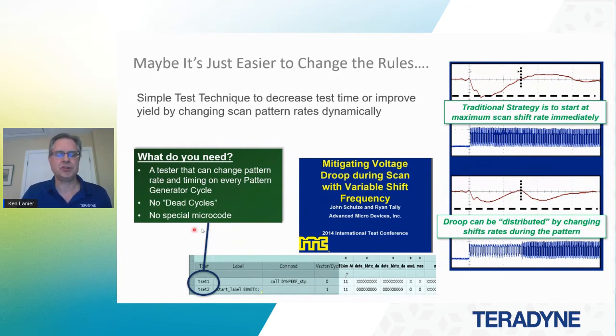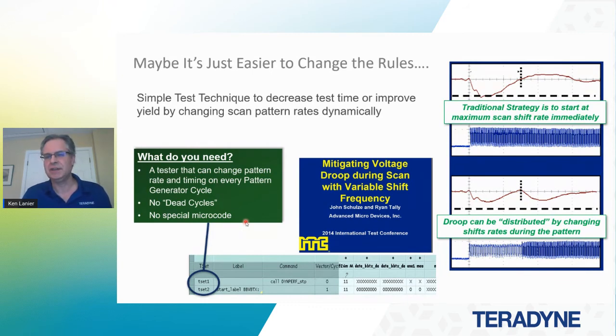And you don't want special microcode to have to do it, because all these patterns are automatically generated. It's not like you can put settling loops into every single pattern if you're generating tens of thousands of them. But if you can keep the pattern construct fairly straightforward, then it is something you could put back in an ATPG system, so that when you generate your tens of thousands of patterns, they can all have this capability.